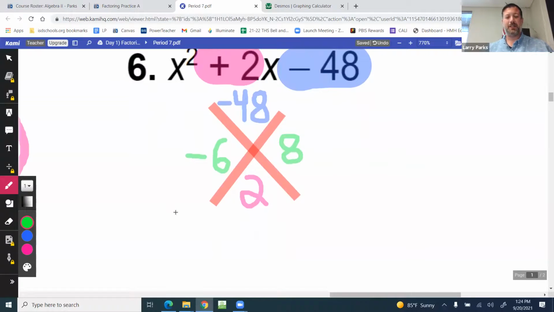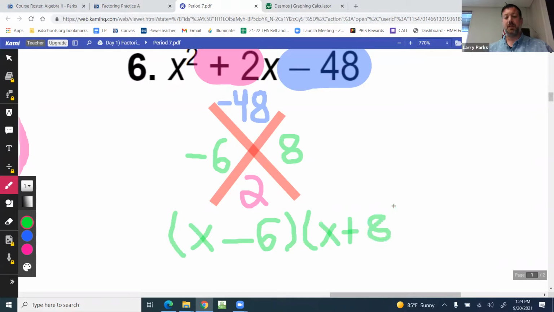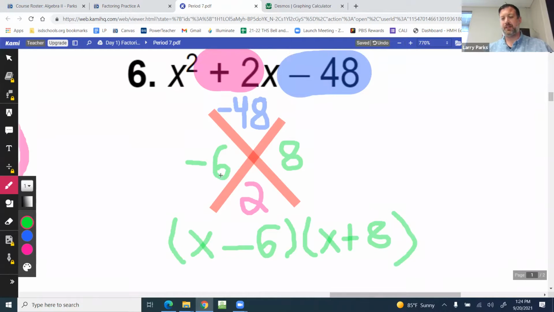So on this one, I would say, okay, x minus 6 and x plus 8. And I can see the x-intercept is 6, and the x-intercept is negative 8.